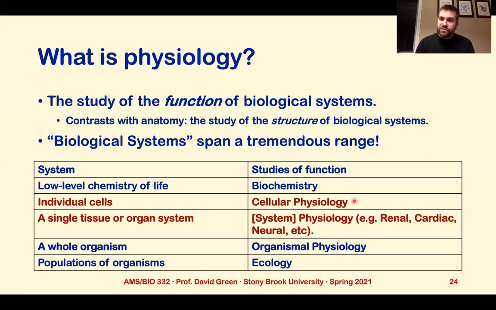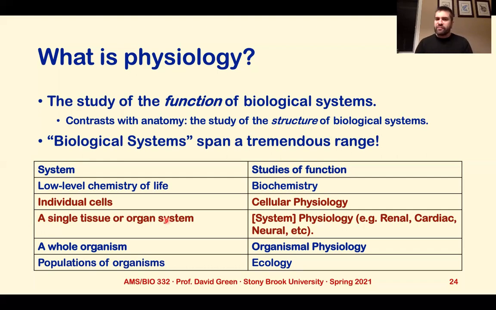But we do use the term physiology to describe a fairly wide range of biology, everything from the behavior of individual cells, which can be referred to as cellular physiology, or groups of cells, to the physiology of single tissues or organ systems.